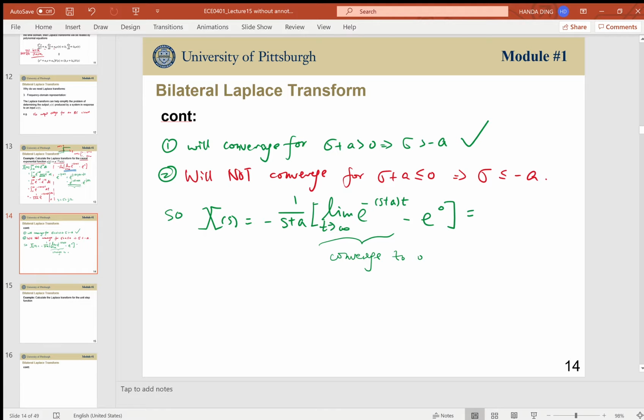So the final Laplace transform becomes this, and you should mention that your ROC is when sigma is bigger than minus a, or we write it this way, the real part of your s is bigger than minus a. And now we have the time domain description x(t), right? And the other one is the frequency domain description for the same object.